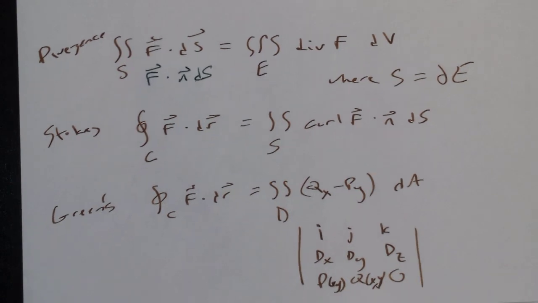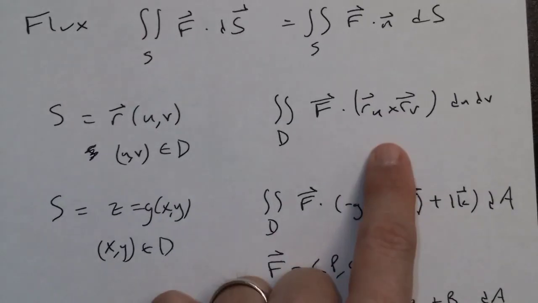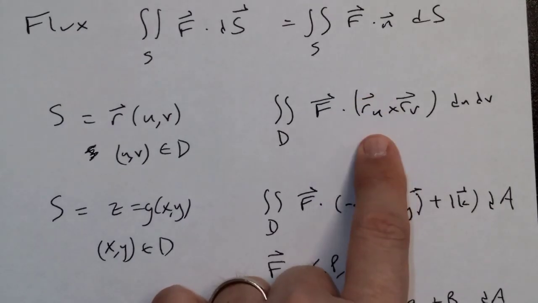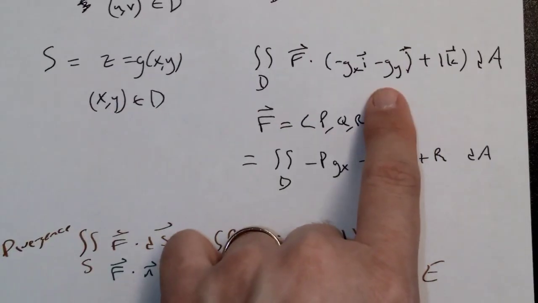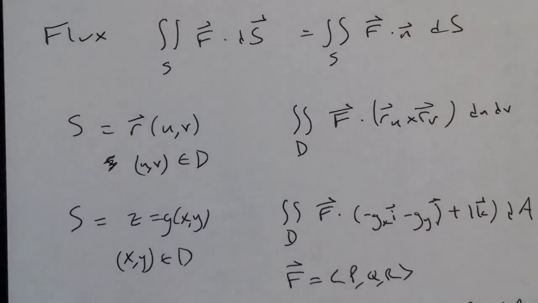Are those just going to cancel, the crossfire between RU and RV? In this case, yes. Because n is always a unit vector, a unit normal, it's going to have the length on the bottom, but then dS also has the length in it.